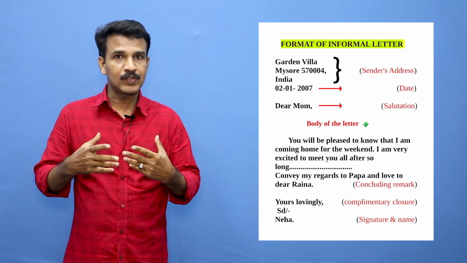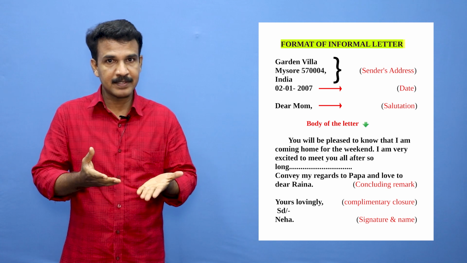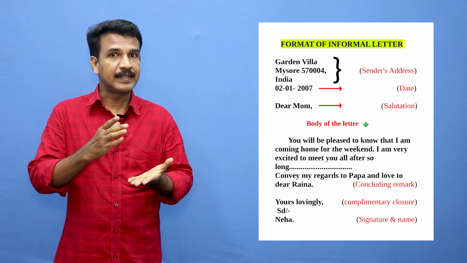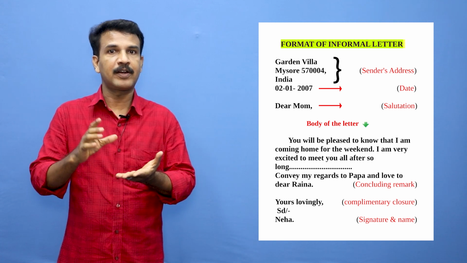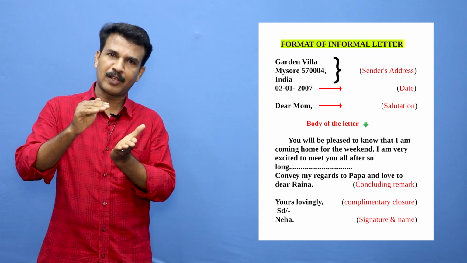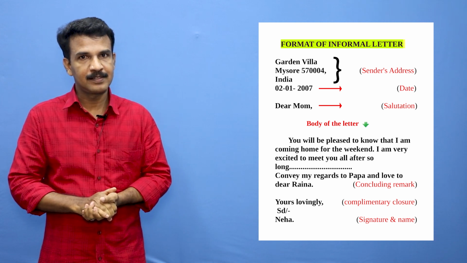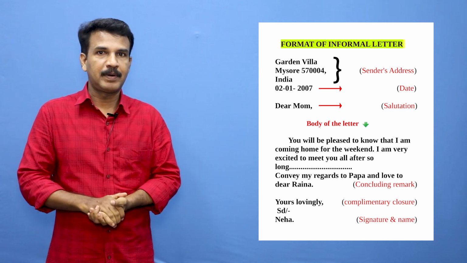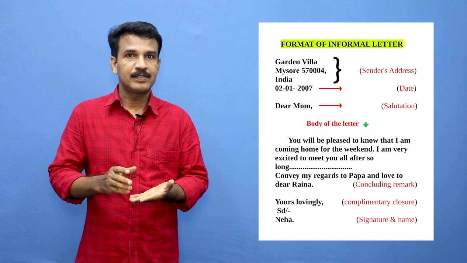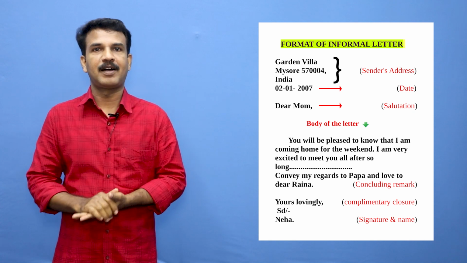The things or our thoughts that we are going to convey are expressed in that part, that is the body of the letter. And at the end of the body of the letter comes the concluding remark, that is convey my regards to Papa and love to Reina. This is the concluding remark.